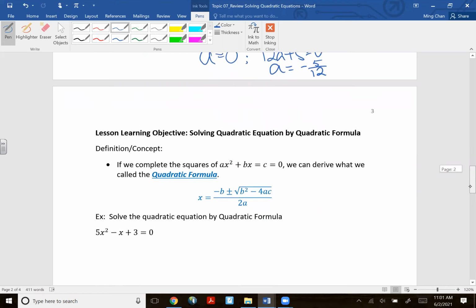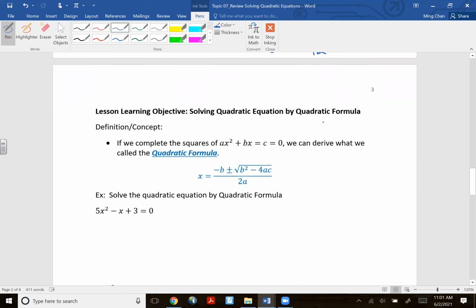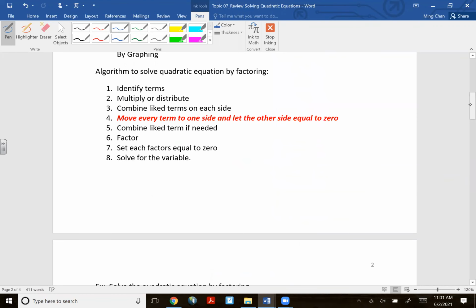All right, quadratic formula. Solving a quadratic equation by the quadratic formula. The reason we're using the quadratic formula is that these types of problems cannot be factored. There's this thing called the quadratic formula, which is actually derived from completing the square.